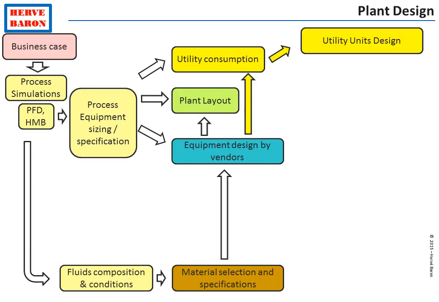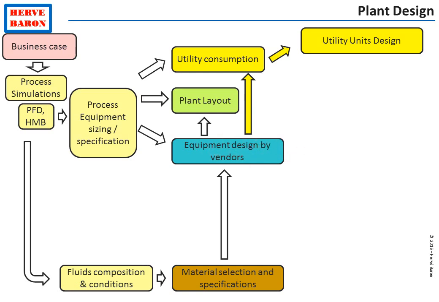Information from equipment vendors is not only required to perform the plant layout, but also to design the utilities. Indeed, the utilities of the plant have to supply the required amount of cooling water, fuel gas, steam, and so forth to the equipment.